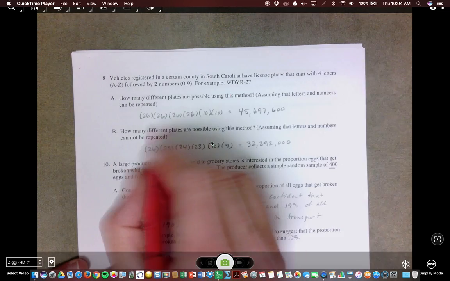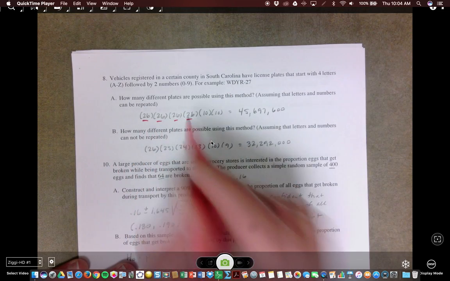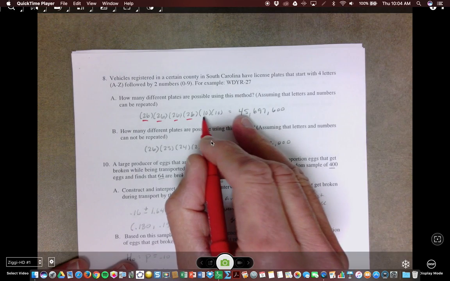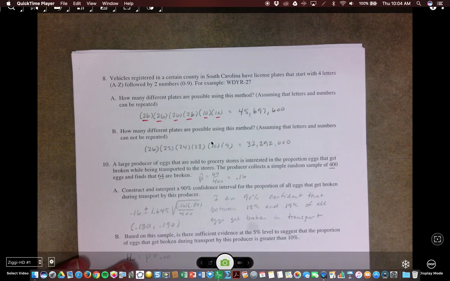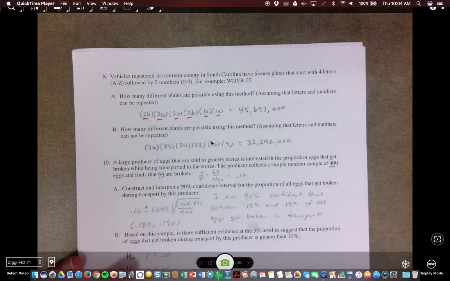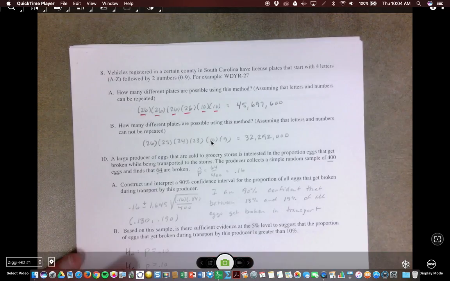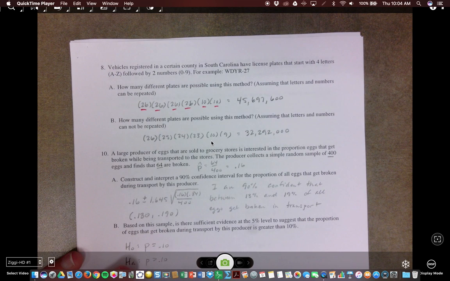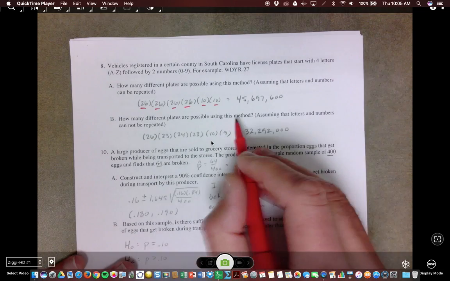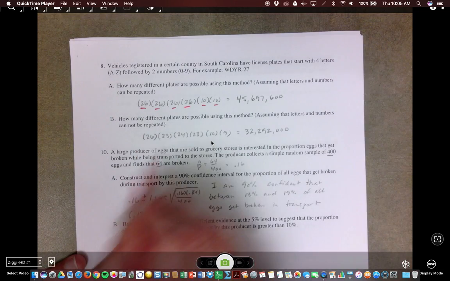So if you've got 4 letters in there, that's going to be 26 times itself 4 times. And then you've got 2 numbers, so that can be any of the 10 numbers. If you multiply all that together, you're going to end up with about 45.69 million.